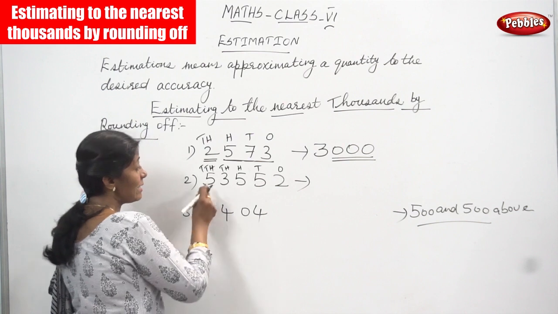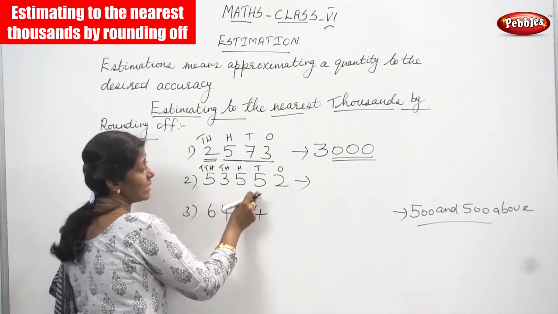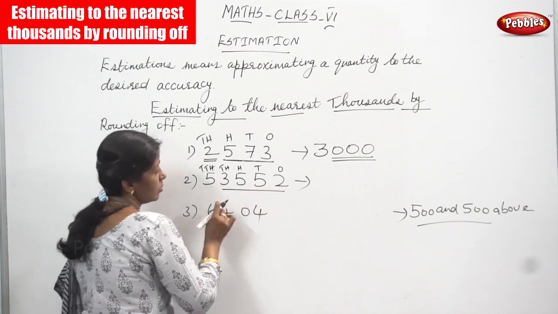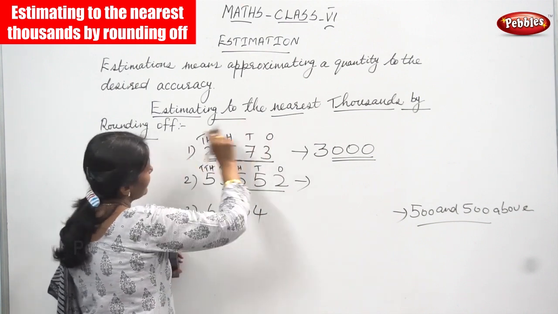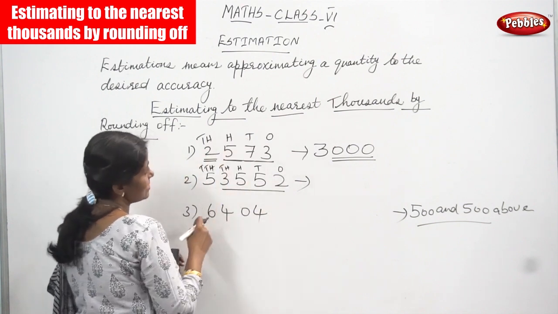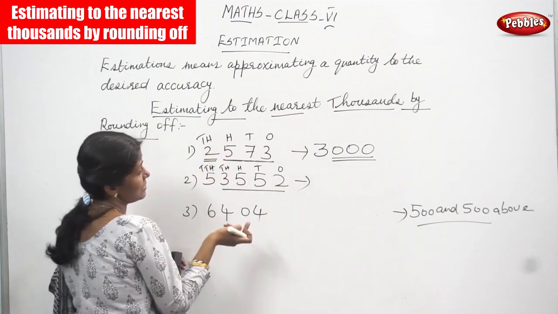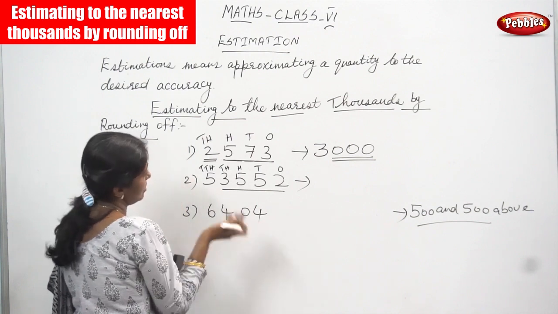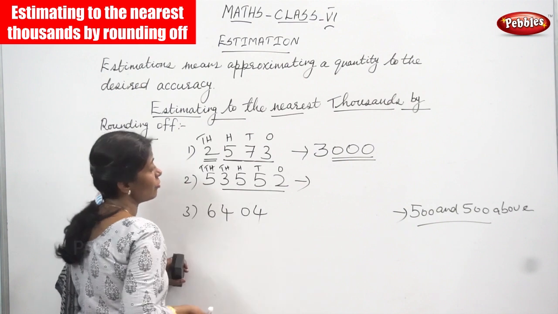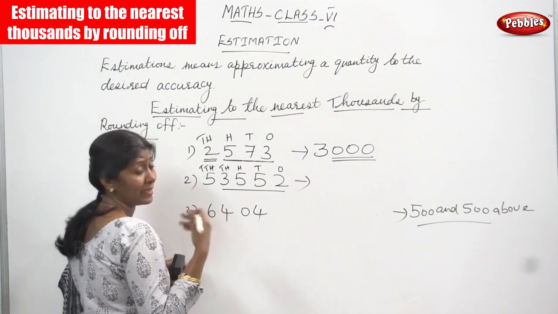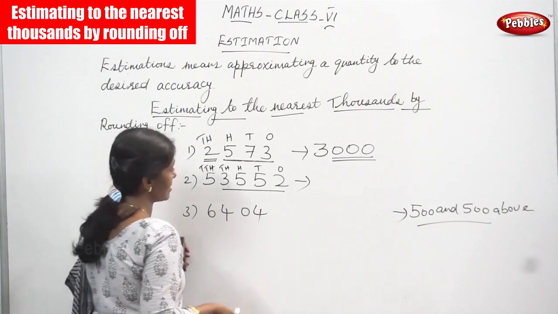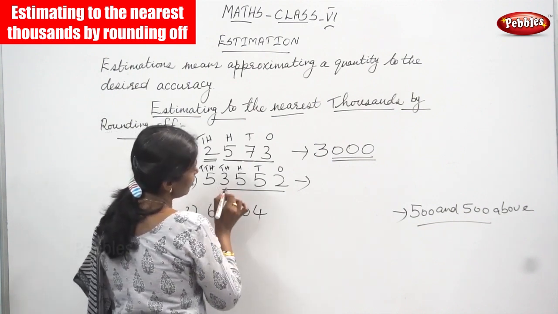I'll repeat once again: 53,552. They have asked for the nearest 1,000, estimating to the nearest 1,000 by rounding off. It is a very long question, but just do one thing: round off to the nearest 1,000. So what is the number?